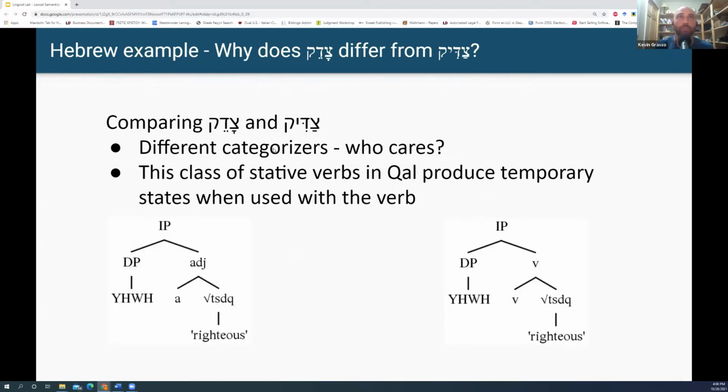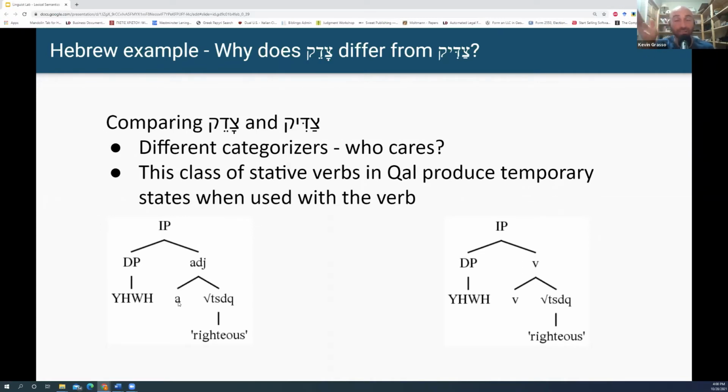Okay. So who cares about this? Why does it matter? What this tells us is that the only difference here is in the categorizers. The root is the same. The only difference is whether the property is an adjective or a verb.